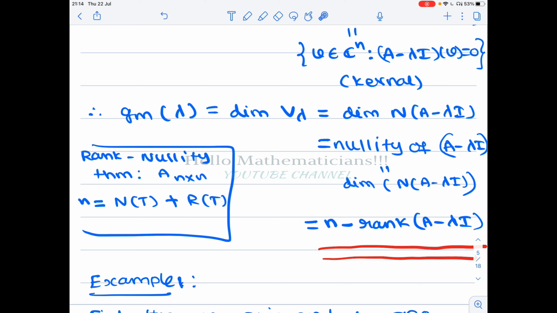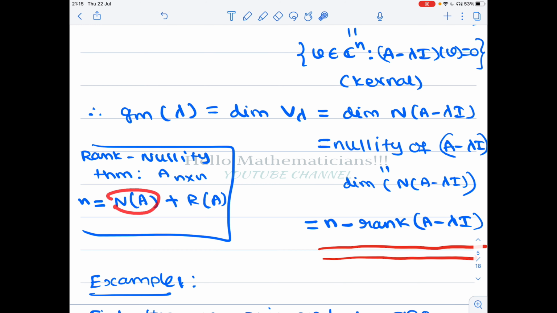You take an n by n matrix, then n equals the nullity of the matrix plus the rank of the matrix. All of you might know this.